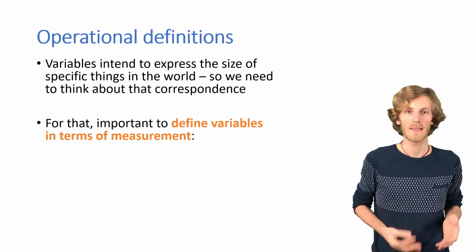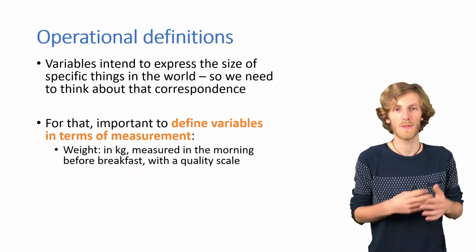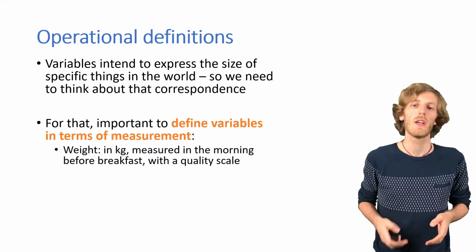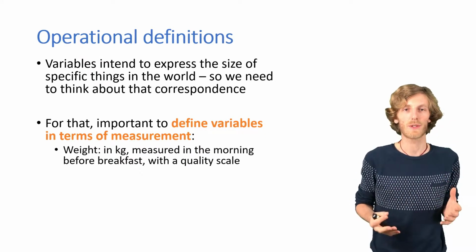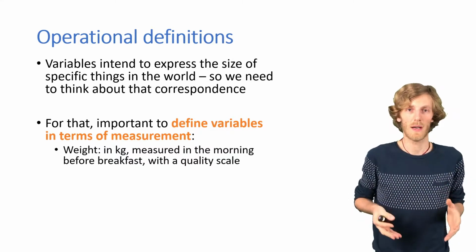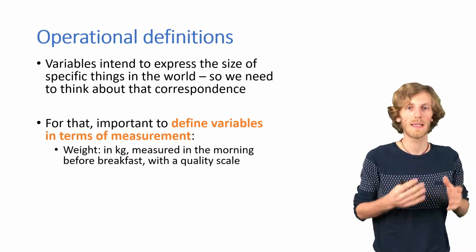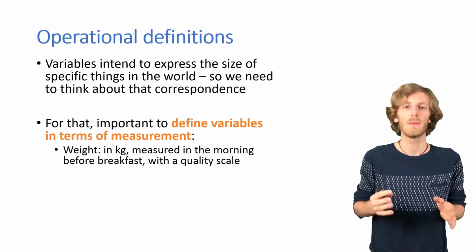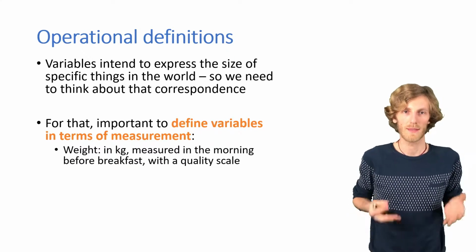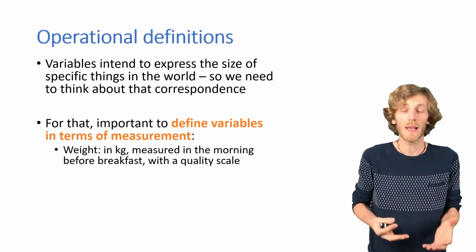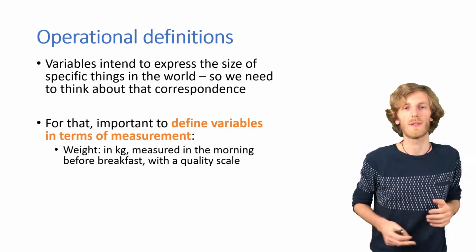In some cases, once we have defined it specifically, we have solved the issue of correspondence. So if we study some kind of dieting and are interested in weight, and we have a clear protocol saying, for this purpose, for our study, weight means the weight in kilograms measured in the morning before breakfast on a reliable scale, then we can say our number corresponds to the world.